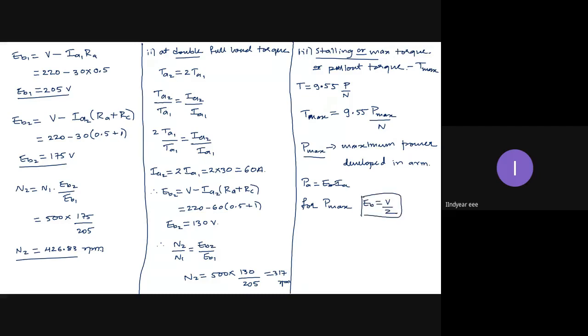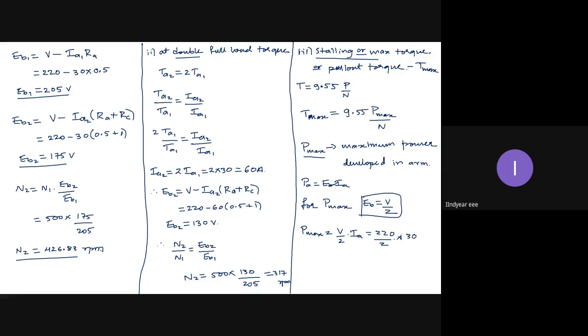This is the condition for maximum power. Therefore I can substitute this. So Pmax is equal to V by 2 into I, that is 220 by 2 into I.